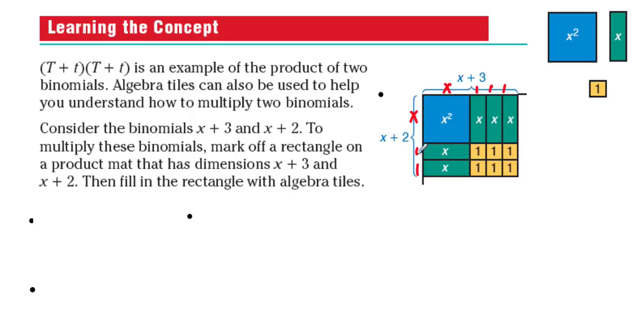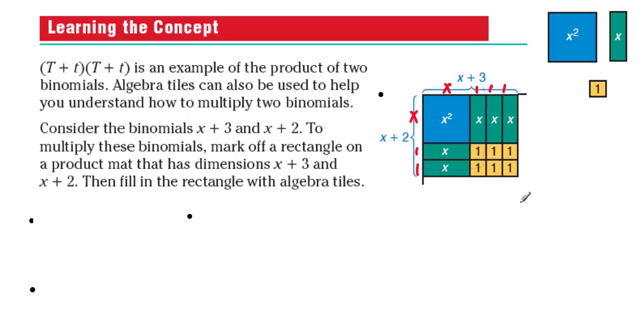Going down here, 1 multiplied by the width x will give me an area of x. 1 times x again will give me the area of x. And these are all now unit tiles, because 1 times 1 will give me 1. 1 times 1 will be another 1, and so on and so forth until it forms my rectangle.